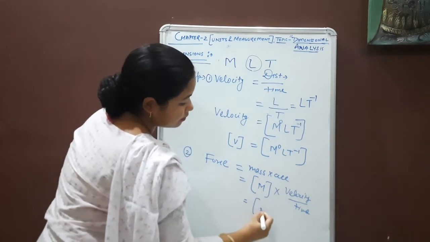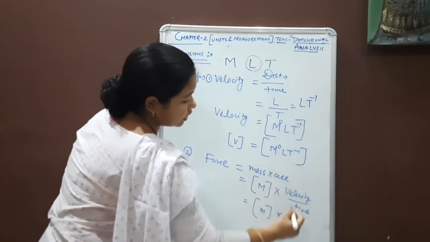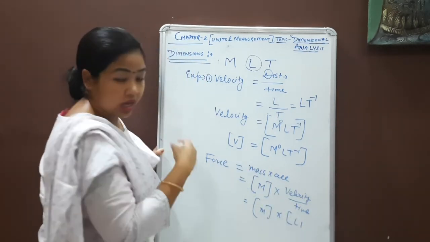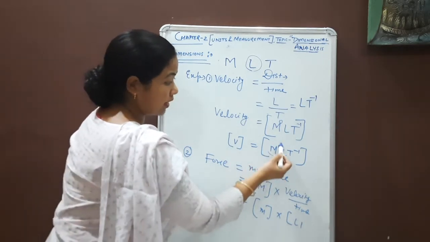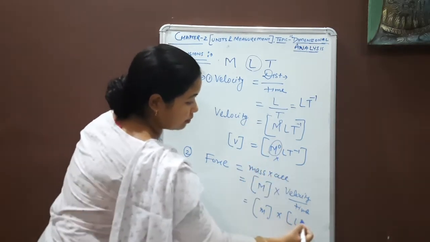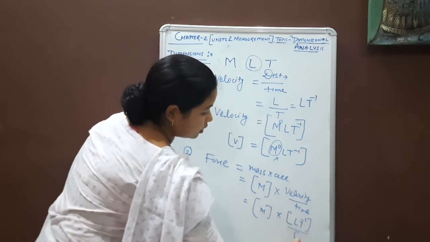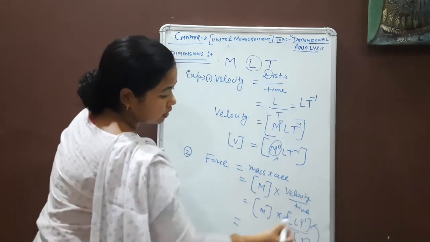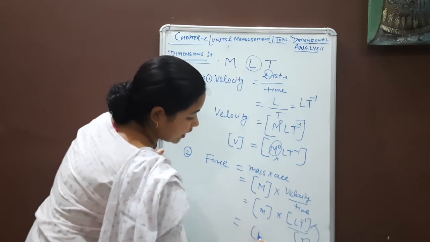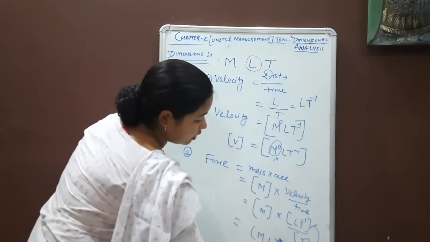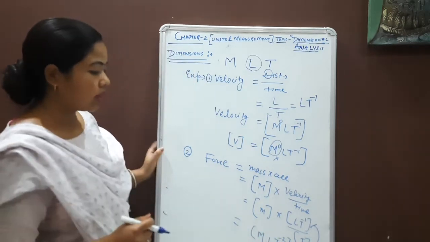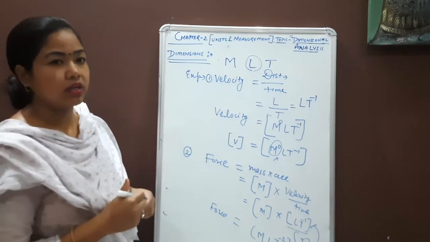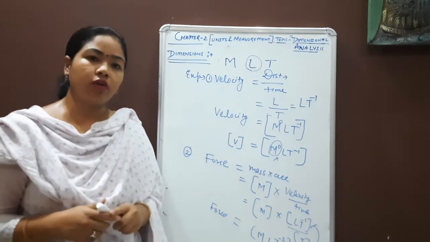Whenever we substitute a dimensional formula into another equation, we only write LT^-1 upon time, that is T. So this T becomes T^-1 overall and we get the complete term LT^-2. So for force, the dimensional formula is MLT^-2.